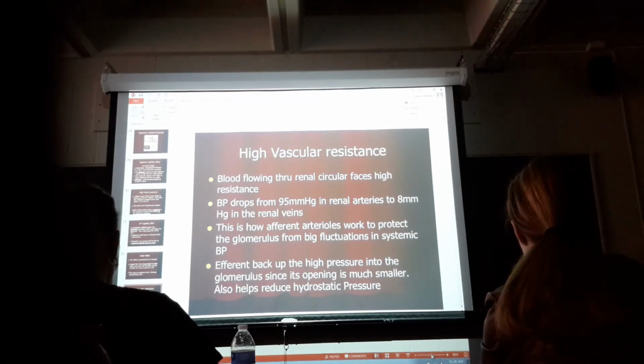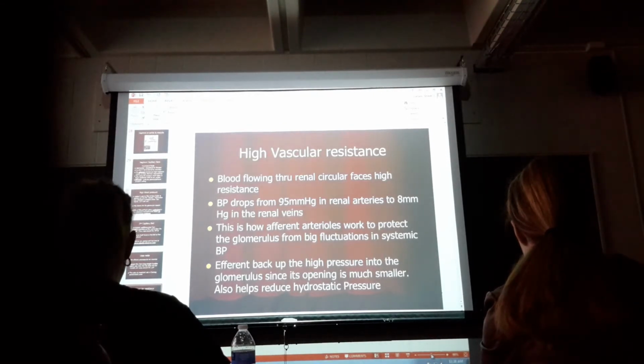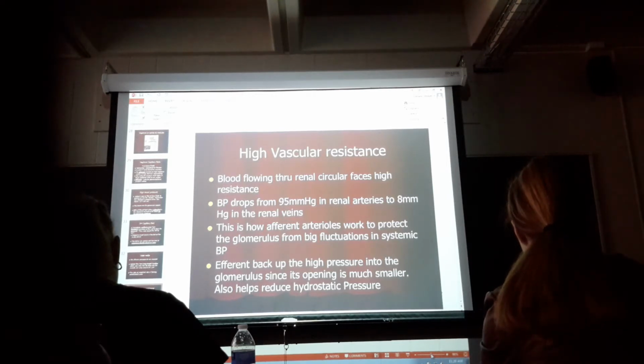By the time we leave, we're down to 8 millimeters. So we're dropping, and the size is getting smaller, so resistance increases as the vessel diameter gets smaller. We're going to see huge changes from where we started and where we end, and that's a resistance feature.